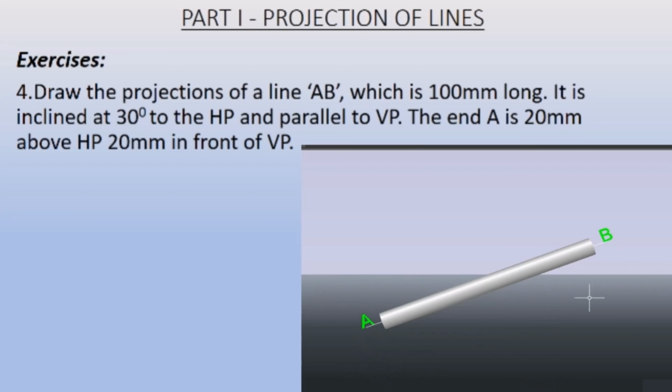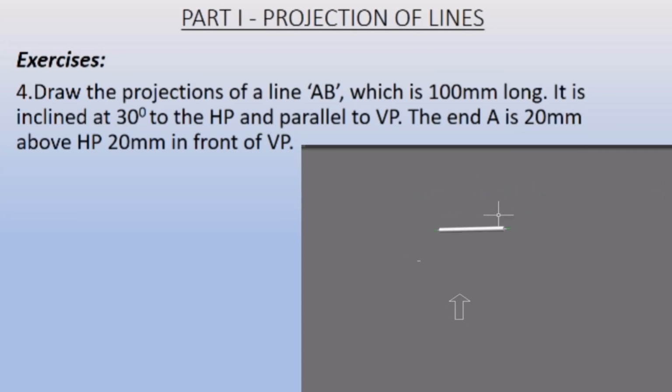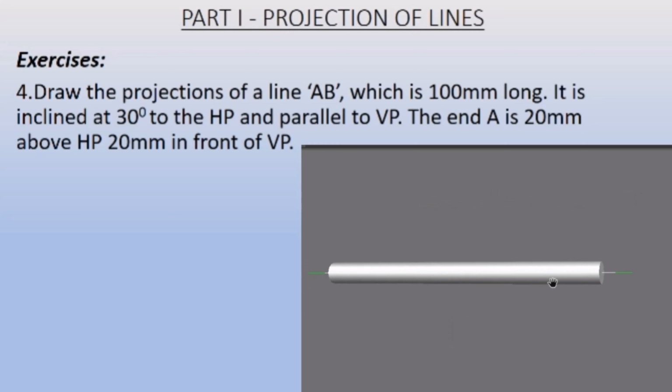So when we view from the front, there will be a straight inclined line which will make an angle of 30 degree with the horizontal. This angle will be 30 degree in your drawing sheet. And if I view this same from the top, you see that there will be only a straight line. The end A is here and the end B is here, and we'll do the same in the drawing sheet.